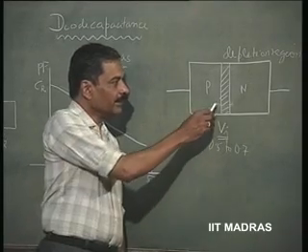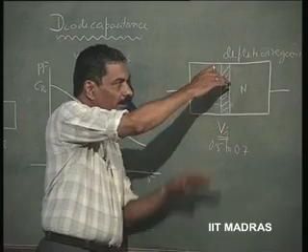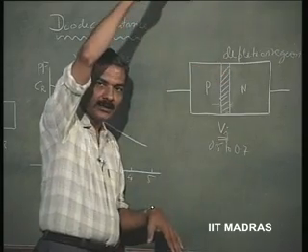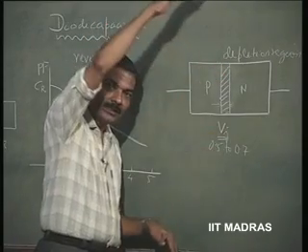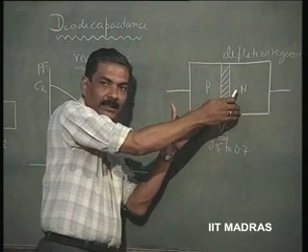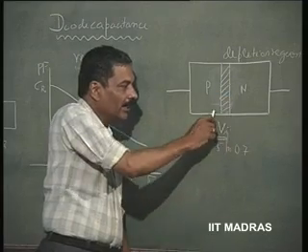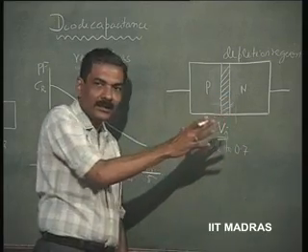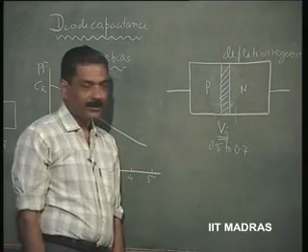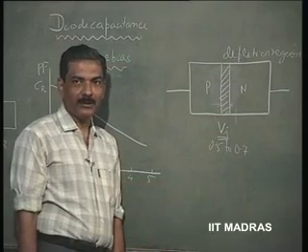Whereas, when it is reverse biased, the reverse bias helps this potential hill to increase. That means more area gets depleted of carriers, and this region widens. So, this depletion layer width is dependent upon the bias.